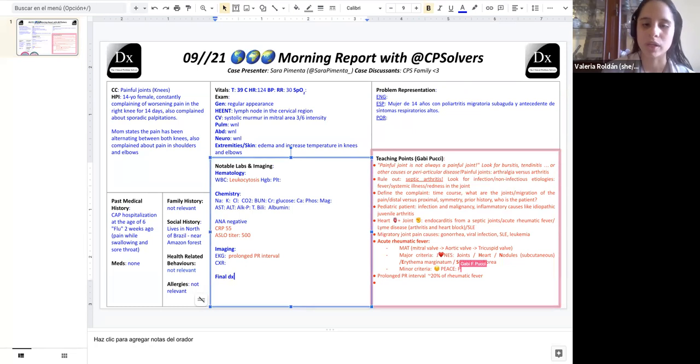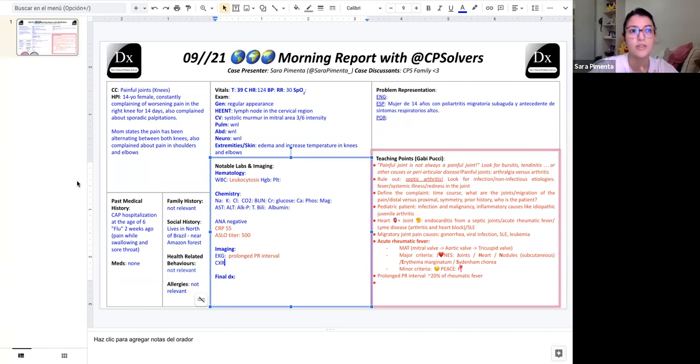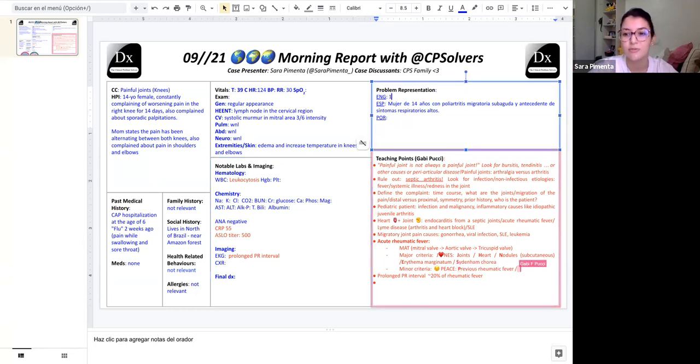Actually, since we were in a smaller hospital, we couldn't do any more exams. So we made a final diagnosis and we just sent the kid to another hospital to do many more exams. But it ended up being acute rheumatic fever.